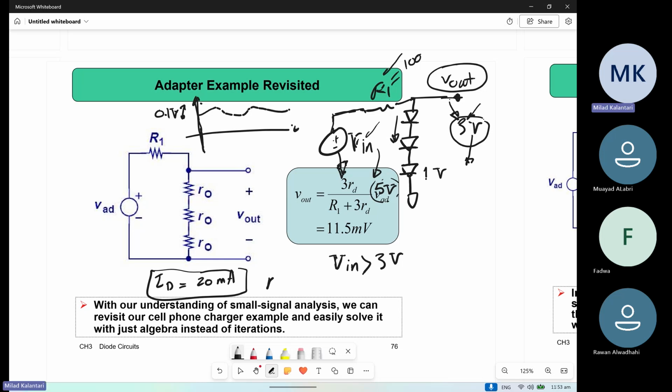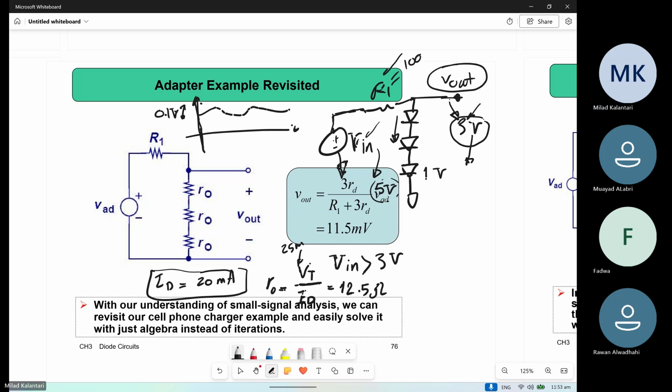And then this r value can be calculated by this formula that we already saw: VT over ID. VT is 25 milli, this is 20 milli, right? It would be what? 12 point something, or 12.50, right?